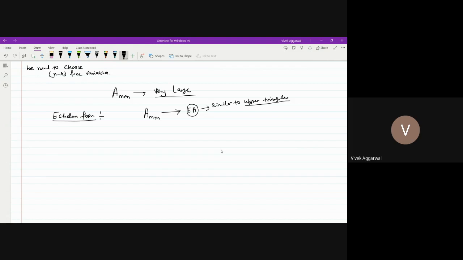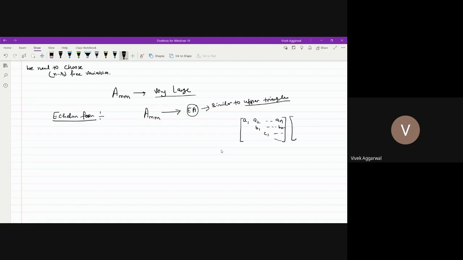You know that when the matrix is square and upper triangular, it is very easy to solve. For example, suppose you have a system of equations with the entries a1, a2 up to an, then b1 up to bn minus 1, c1, like this.